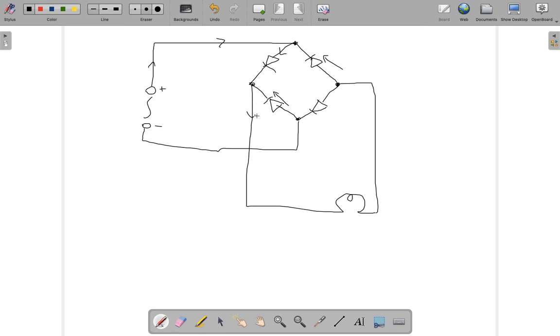So it goes down over here into our bulb, up over here. It comes over here. Now it actually heads back over here because we have a positive terminal over here and our current came from the positive terminal, so it can't go back over here. It comes down over here and ends back at our source.